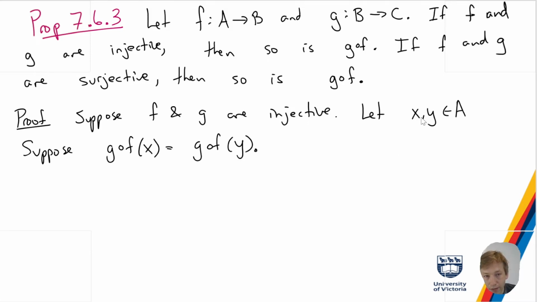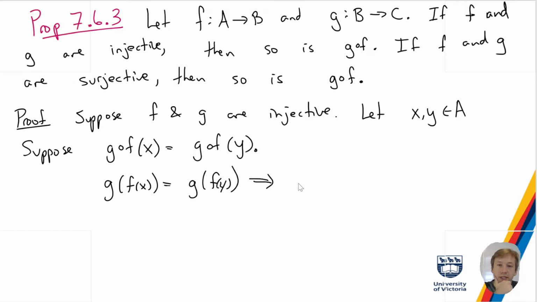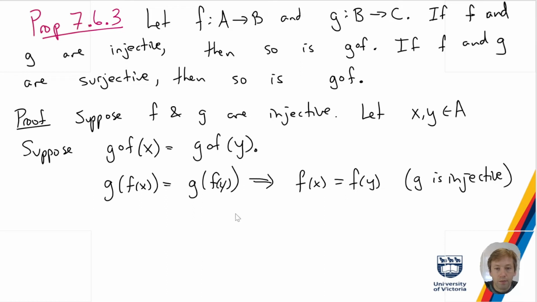What we want to prove is that x is equal to y. Well, this is the same as saying that g of f of x is equal to g of f of y, just by definition of the composition. But since g is injective, this implies that f of x equals f of y. But then this implies that x equals y, since f is injective.